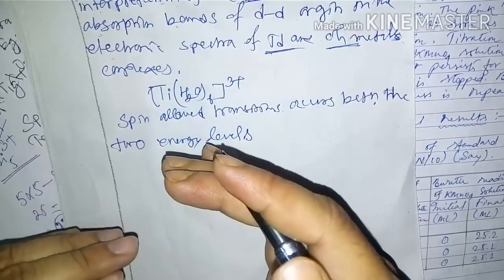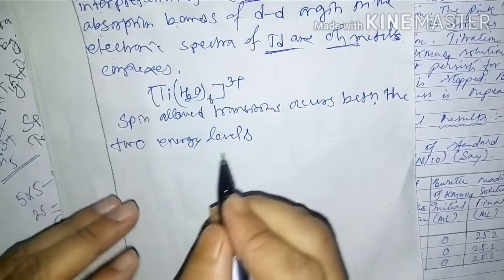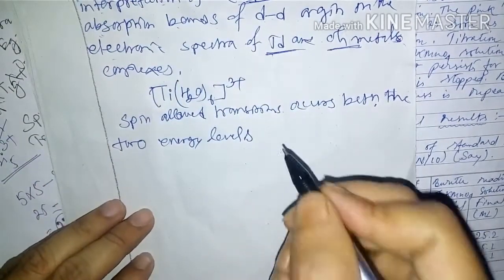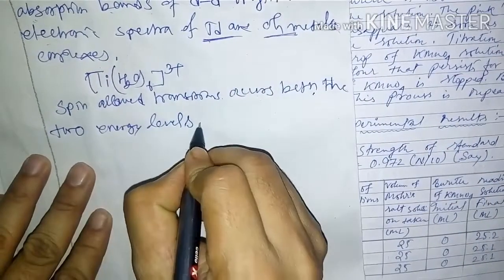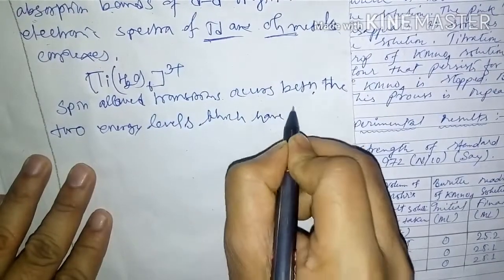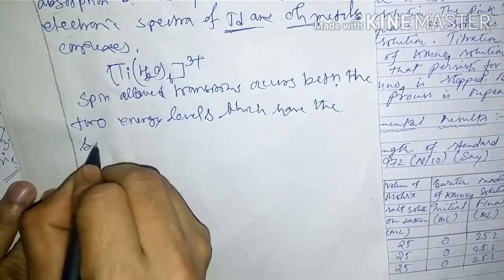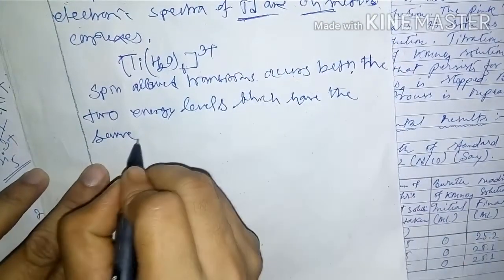These are the ground state or excited state. Understood? So two energy levels which have the same spin multiplicity.